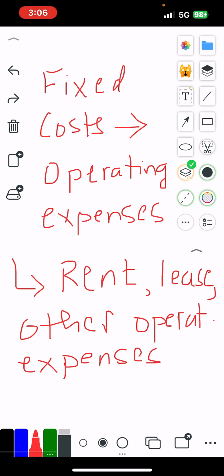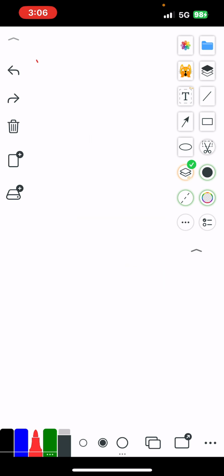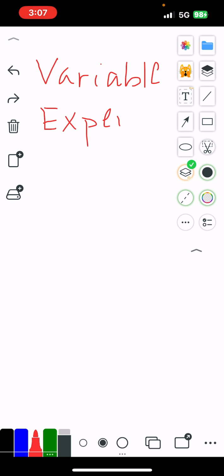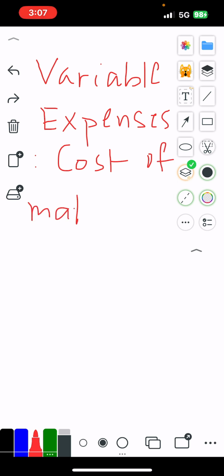So when we talk about variable expenses, your variable expenses have to do with things like cost of materials, cost of utilities.